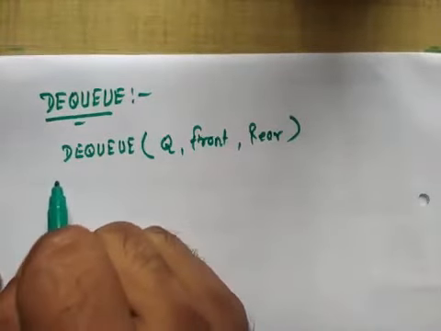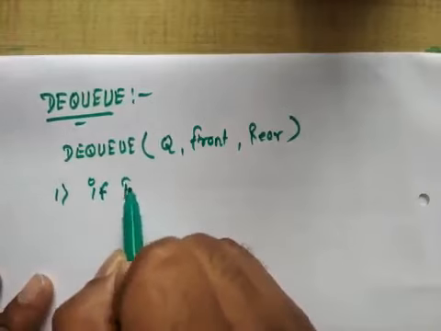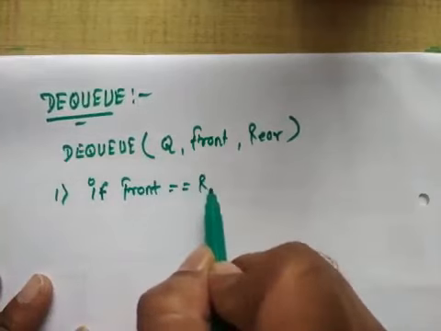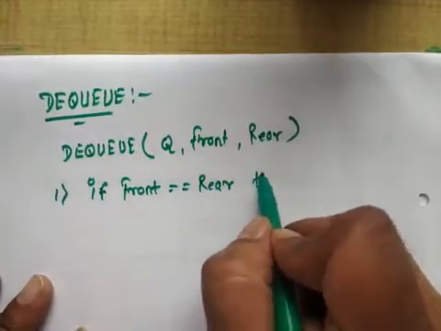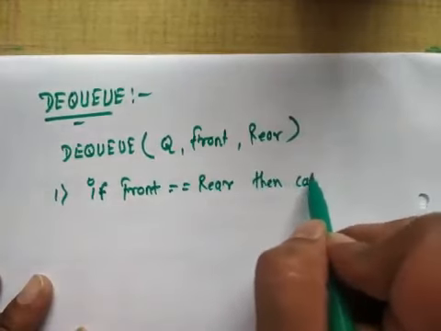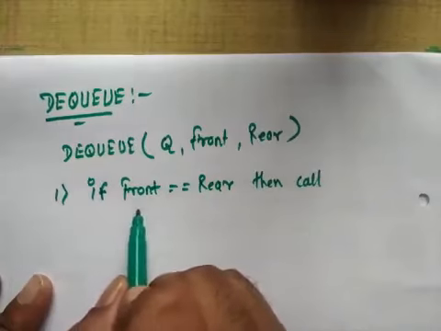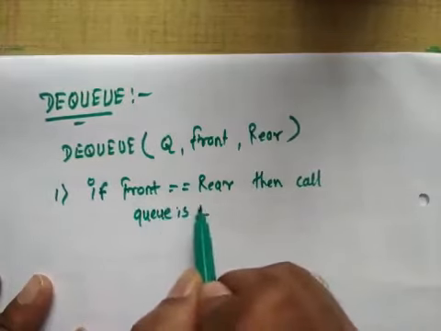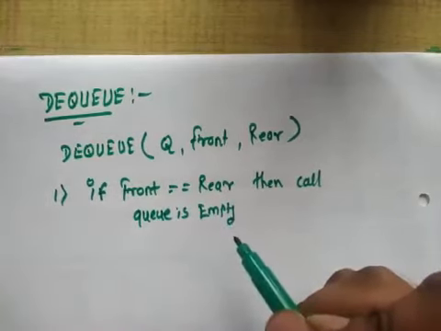Now, the first condition: if front is equal to rear, then call the queue is empty or underflow.